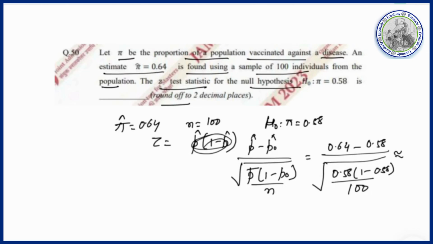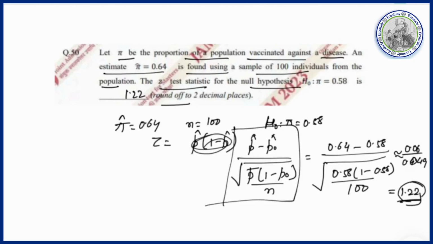When you calculate it, we get around 0.06 divided by 0.0494, and that gives 1.22. So the test statistic is 1.22. The answer is 1.22. Simple, just remember this formula and you will get it.